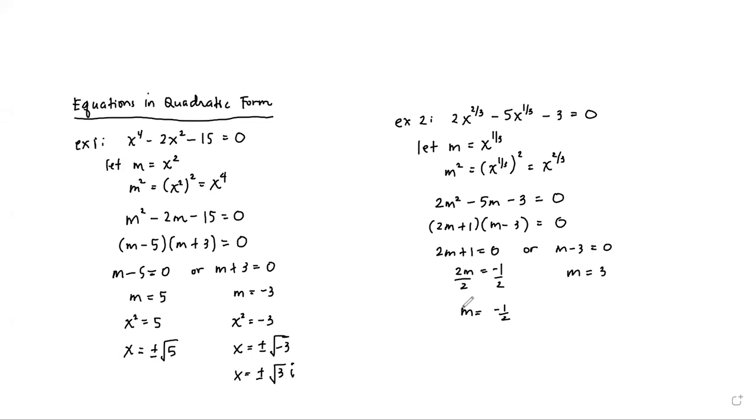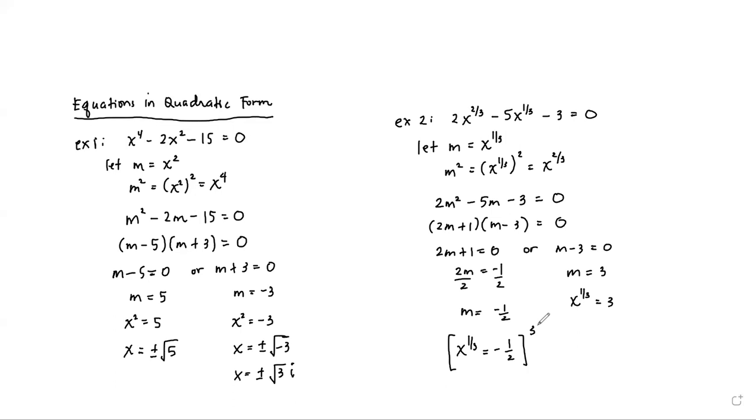But since the dummy variable m represents x raised to 1 third, we can write it back to x raised to 1 third and equate it to negative 1 half. And for the second equation, we have x raised to 1 third is equal to positive 3. Now, in order to solve for x, we have to apply the cube to both sides of the equation.